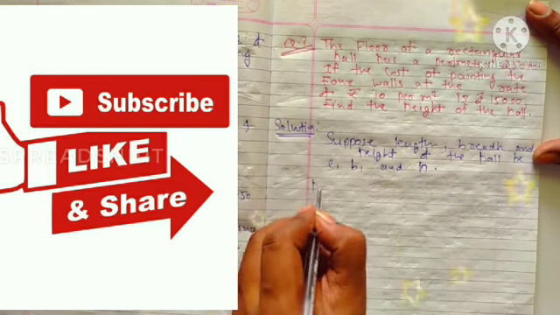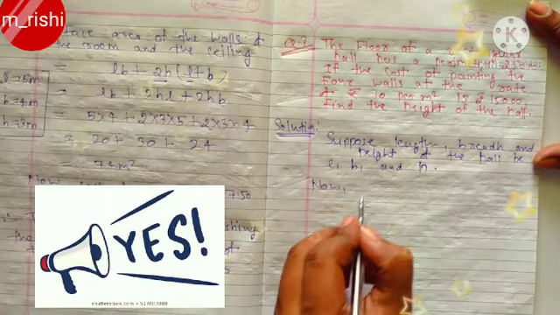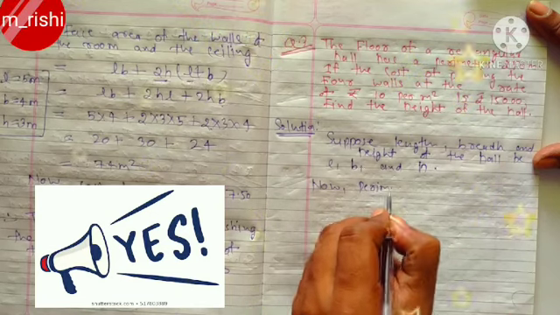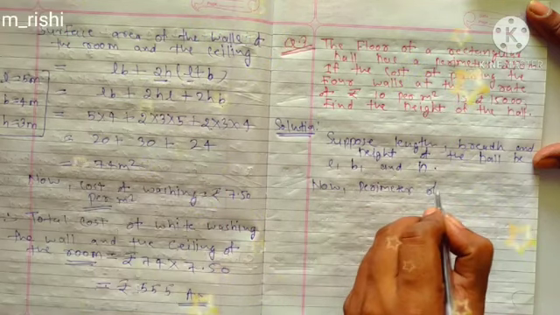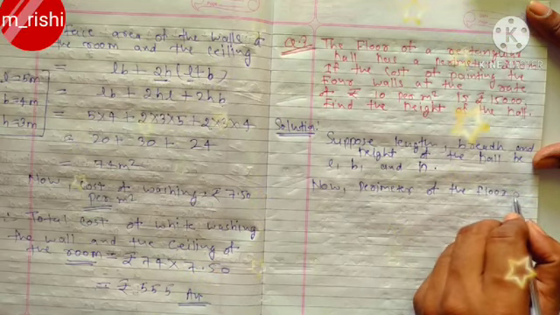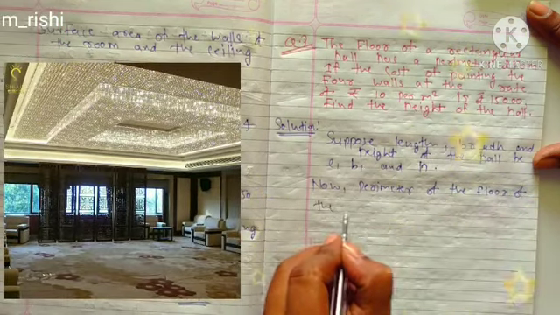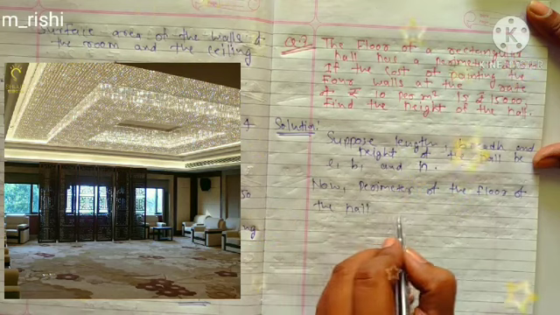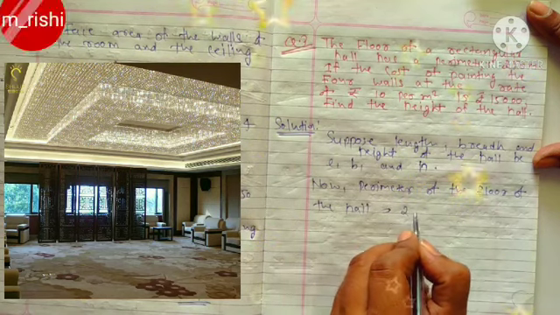So first, perimeter of the floor. Yes, you can see in the figure, perimeter of the floor of the hall.